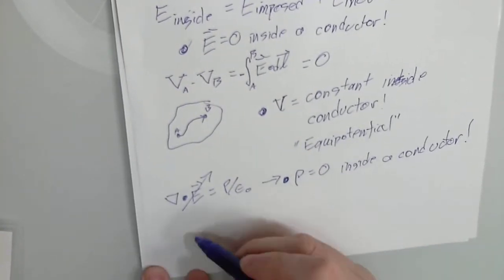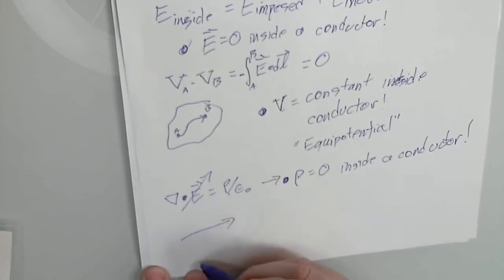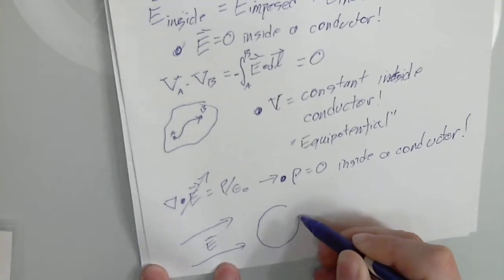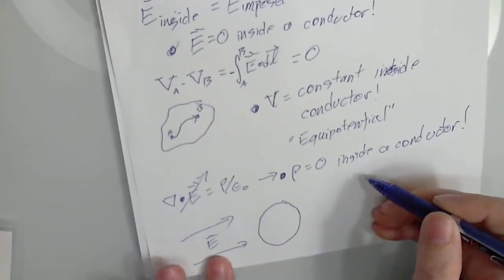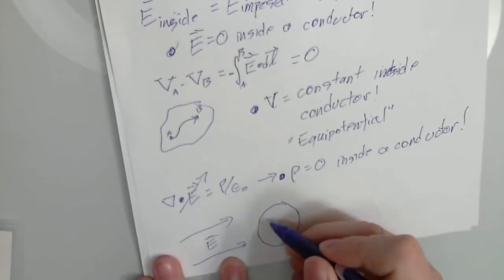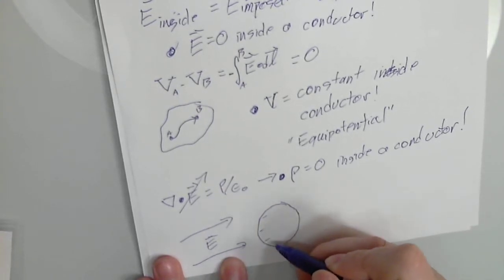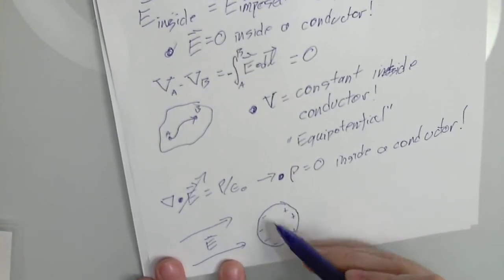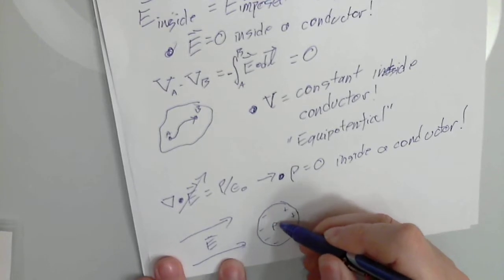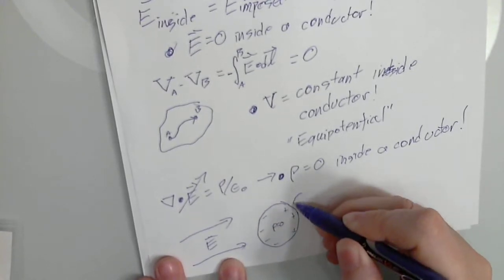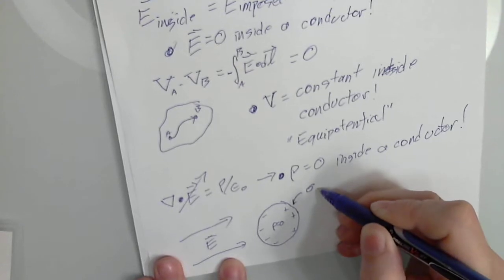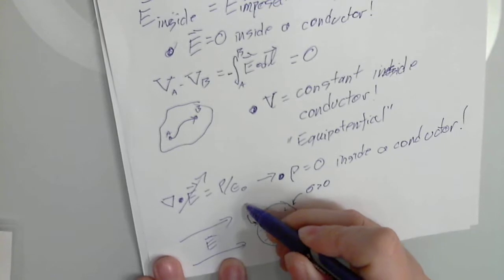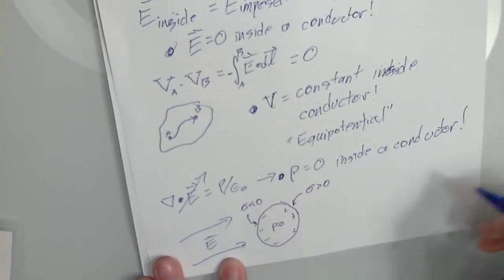So if we have an electric field, say, from the outside world, that's imposed on, say, a circular metal ball, you will have negative charges on one edge, positive charges on the other edge, such that the field in the interior of the ball is equal to 0, and we have a surface charge sigma on one side, and it's positive, and a negative surface charge sigma less than 0 on the other.